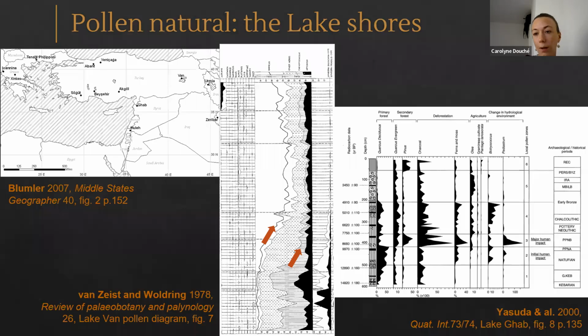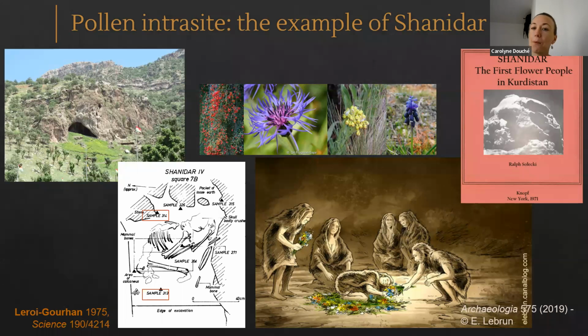One of the most famous examples of intrasite pollen analysis comes from Shanidar cave in northern Iraq. In one of the burials, Shanidar 4, so the cave is shown in the picture on the left, containing a Neanderthal skeleton.